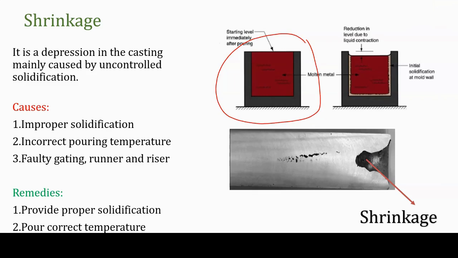After the solidification, there will be some dip, like here. This is generally called shrinkage. It happens due to improper solidification, incorrect pouring temperature, and faulty gating, runner and riser systems. This can be avoided by providing proper solidification and pouring the molten material at the correct temperature.